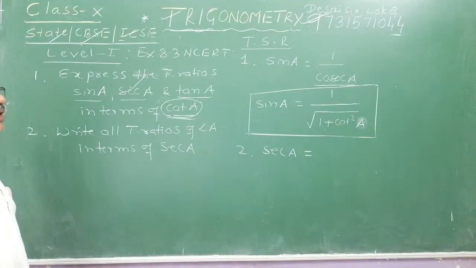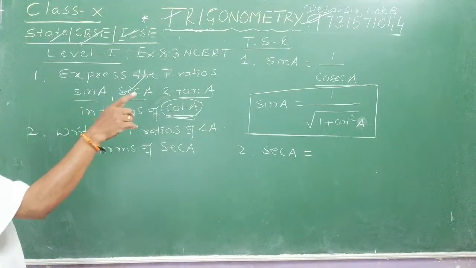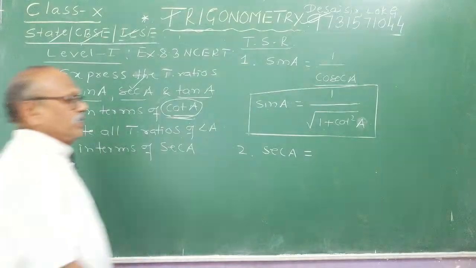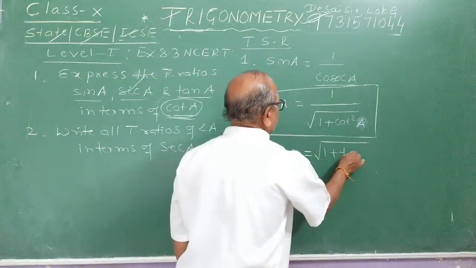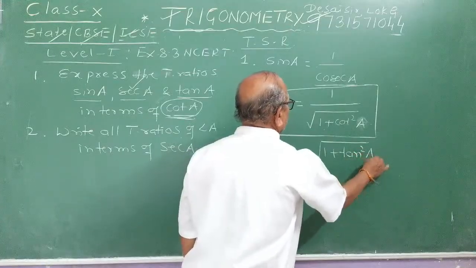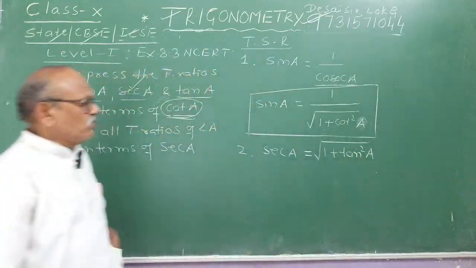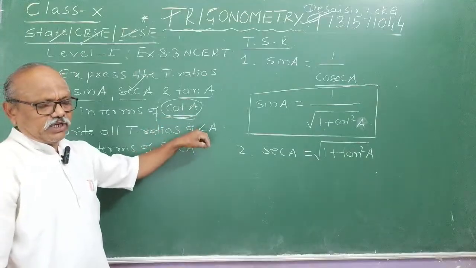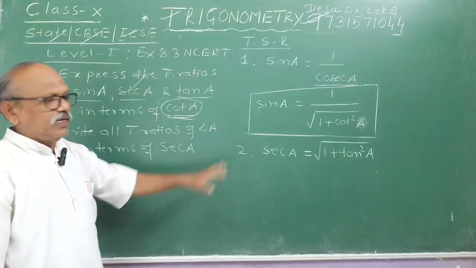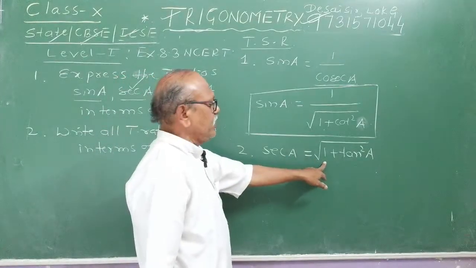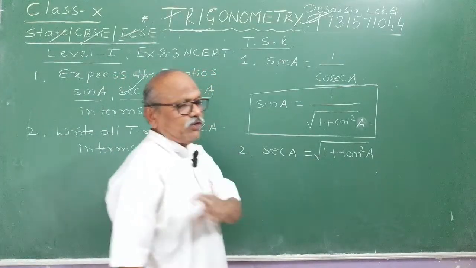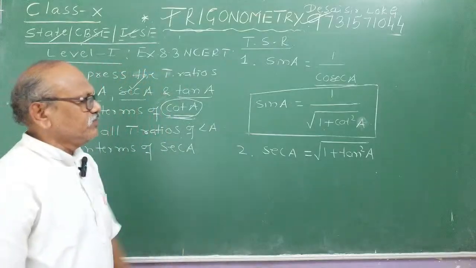What is the identity? 1 plus tan square A is equal to sec square A. Then sec A can be written as root of 1 plus tan square A. Check in your list. Initially, if you do not make all 32 perfect, I had told you last week, sec A can be written as root of 1 plus tan square A. In the 32 identities it will come.